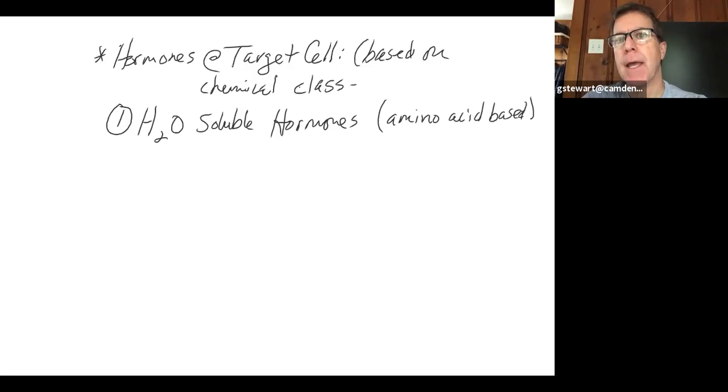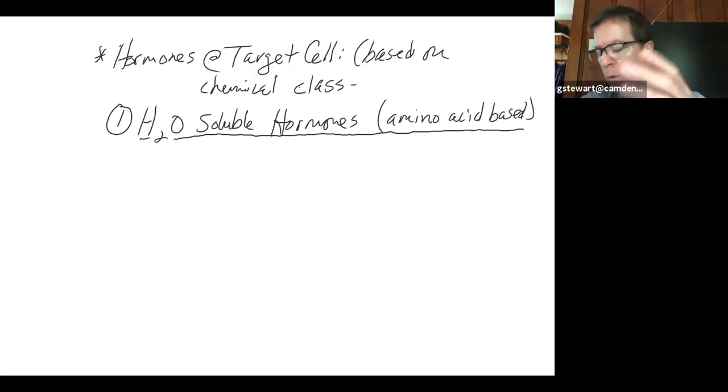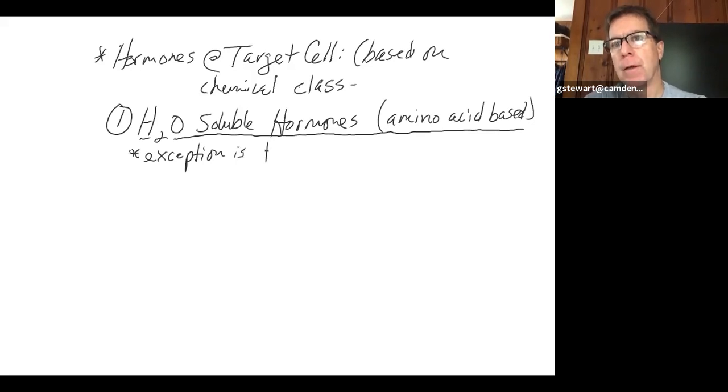So what this is saying is that all amino acid based hormones, which are also water soluble, interact at their target cell in the way that I'm going to describe. There's an exception to this. So I'm going to write that first. The exception to this rule is thyroid hormone.